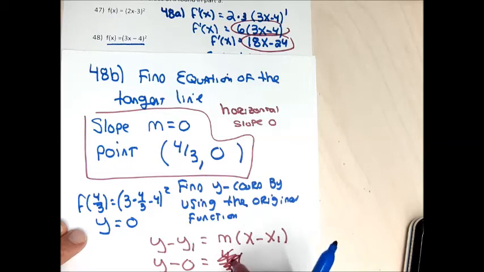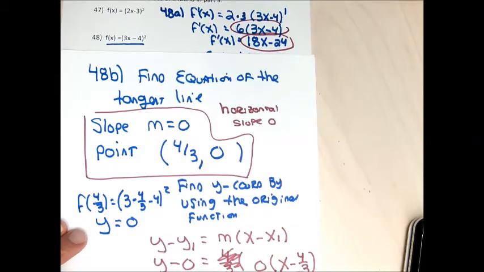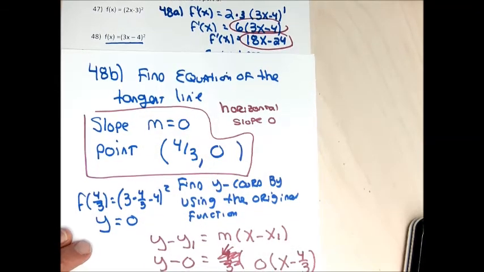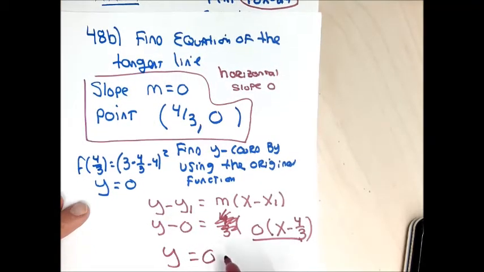So y minus the y coordinate equals m of 0 times x minus the x coordinate. The nice thing about this is the left-hand side simplifies just to be y, and 0 times anything is 0. So the answer to part B is just y equal to 0.